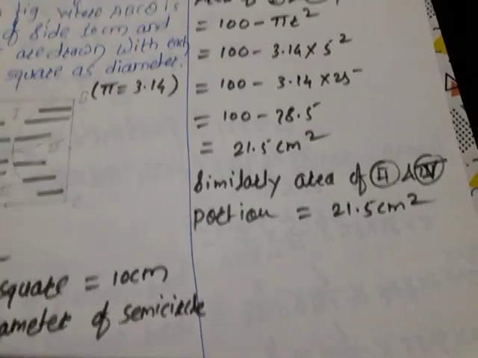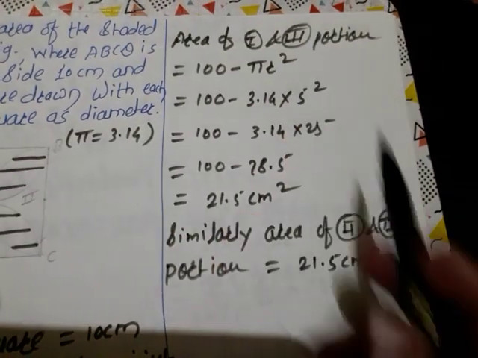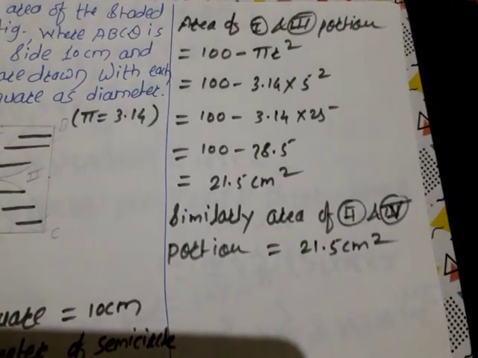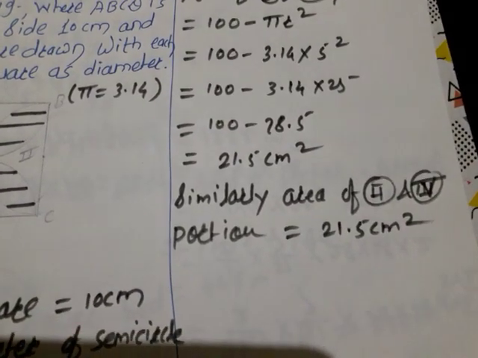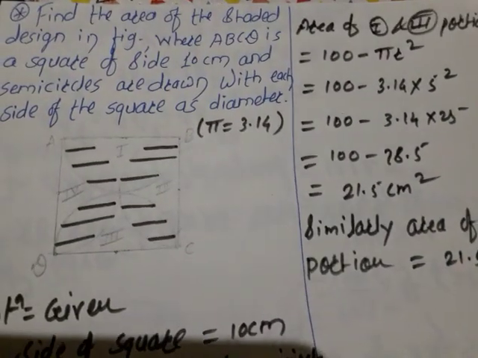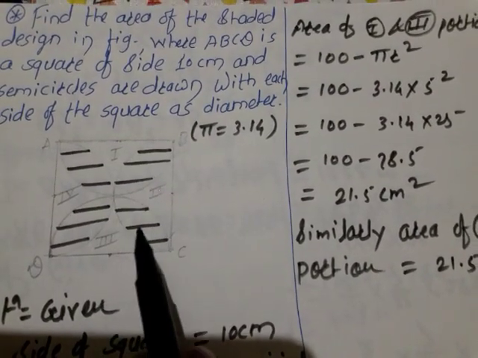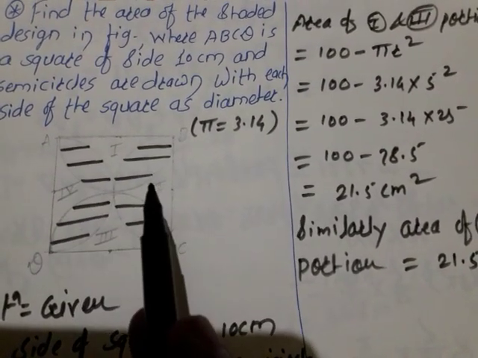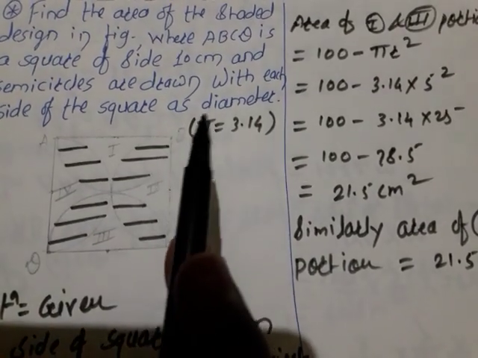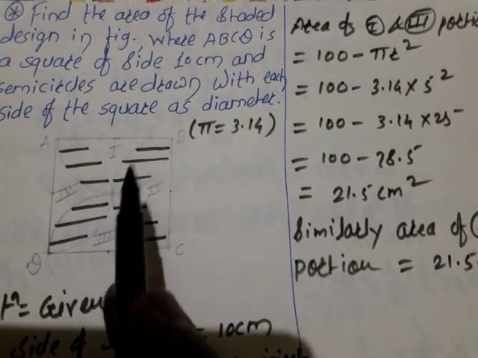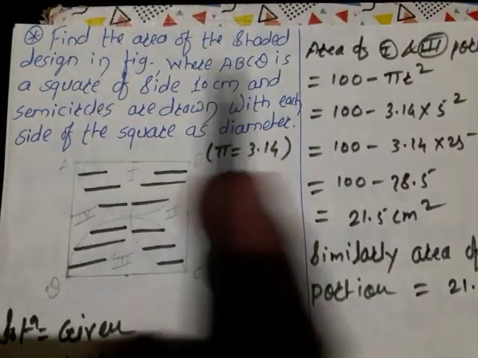Now we got the area of first and third, second and fourth. Area of first, second, third, fourth we got here. Now what will we do? We will subtract those areas of 4 regions or 4 portions, first, second, third and fourth portion, from this area of square. Then the remaining area will be the area of this shaded design.